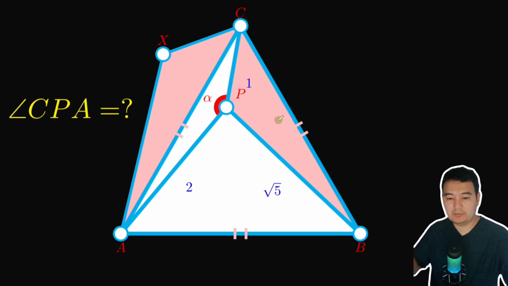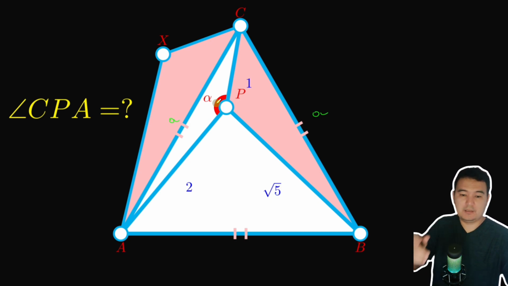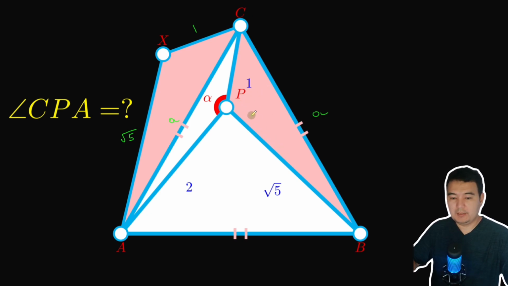So these two pink triangles are exactly the same, because they have a common side here, this side and this side, they are equal. I just rotate the triangle like this 60 degrees and then get it right here, which means I have length 1 here and length root of 5 over here, because that's the same as this pink triangle over here, right?